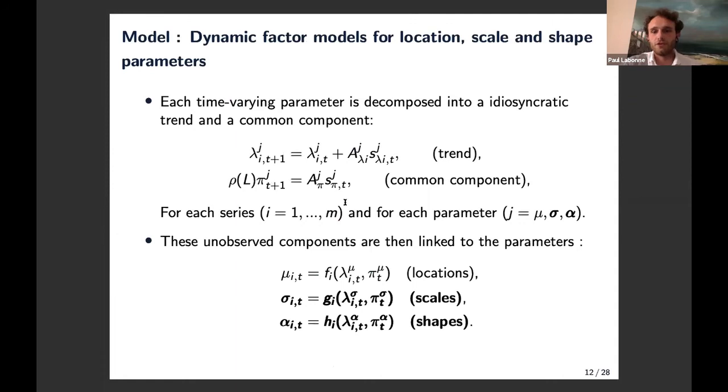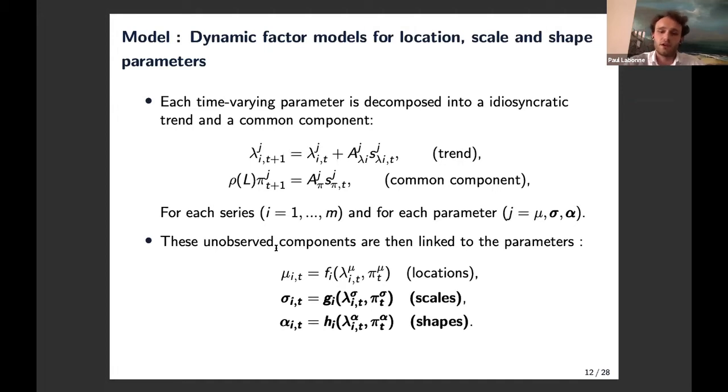So for each of the parameters, the location, scale, and shape, I'm modeling a trend and a common component. The trend will capture the long-term variations, and the common component is useful to capture the short-term variations which are common to all series, like an economic crisis, for instance. And then these unobserved components, the trend and common components, need to be related to the location, scale, and shape parameters.